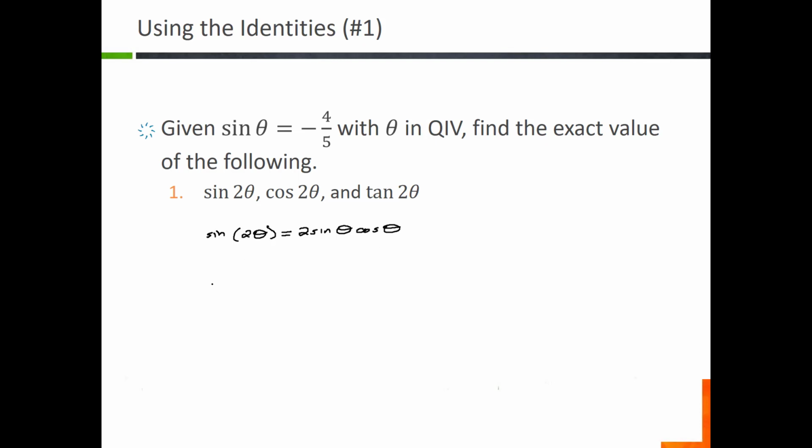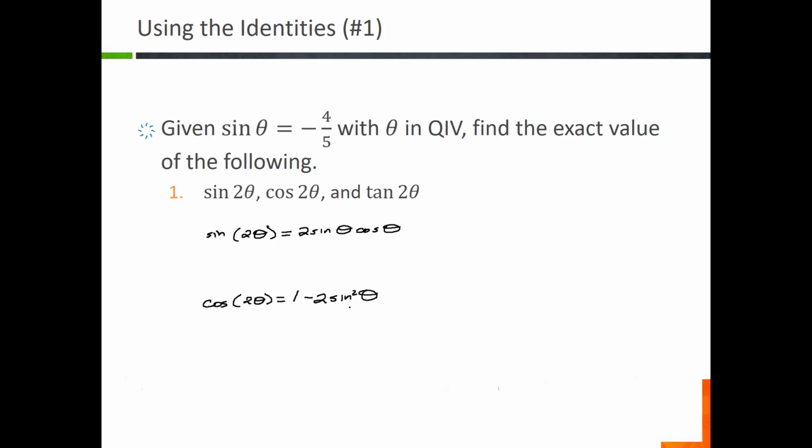If we did cosine of 2 theta, remember there's 3 options that we can use to write this one. It might be best if we pick whichever one's easiest, and I already know what sine is, so one of the identities was 1 minus 2 sine squared theta.